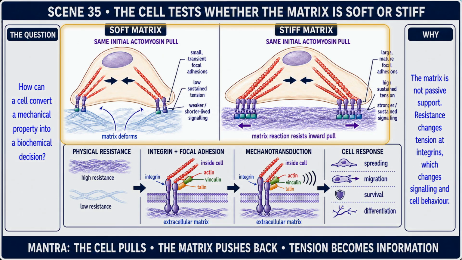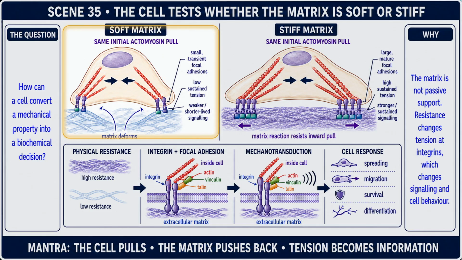The same focal adhesion machinery also lets a cell test a physical property of its environment. Compare the same initial actomyosin pull on two matrices. A soft matrix yields. It deforms beneath the adhesions, so little sustained resistance builds across the integrin adapter-actin linkage.